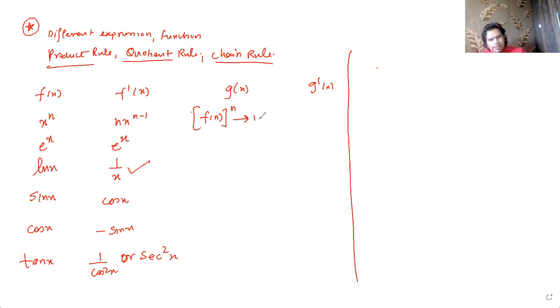So it will be n times f of x to the power n minus 1, that is, n times the function to the power n minus 1. Just after doing this step, do not forget to multiply with f dash x, the derivative of the child function.